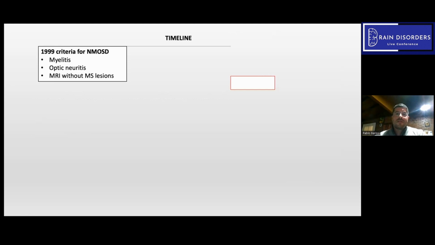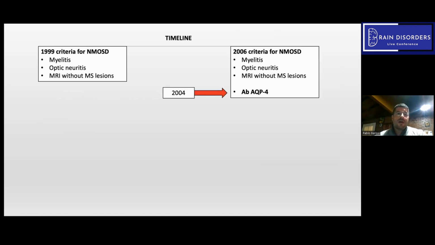In the timeline, we had the 1999 criteria for NMO with myelitis, optic neuritis, and an MRI without MS, multiple sclerosis, lesions. So what happened next?